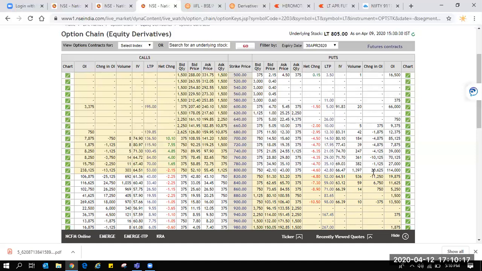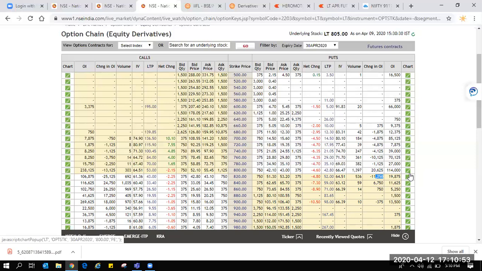Again, I'm repeating, if I consider this 820 put strike price, and I don't expect the market to go above, then there should be an addition of 10% of the total OI during the day on the call side, and on the put side there should be 10% of the OI unwinding during the day. If this happens, your stock will not close above that. For sure it will fall.